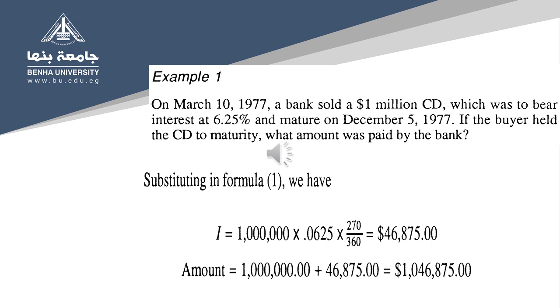We know that D equal SDT, and how we can calculate the amount, how we can calculate the present value, how we can calculate the amount about certificate of deposit. But this example is related to formula number 1, which is related to simple interest.